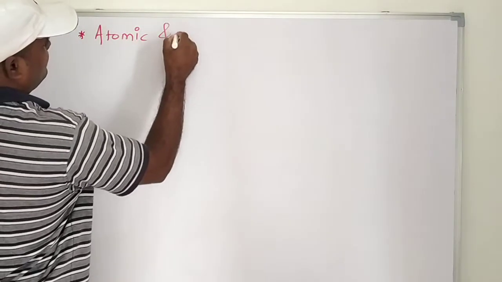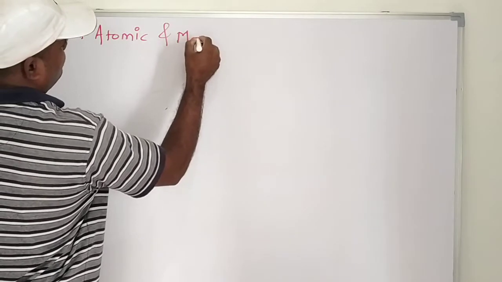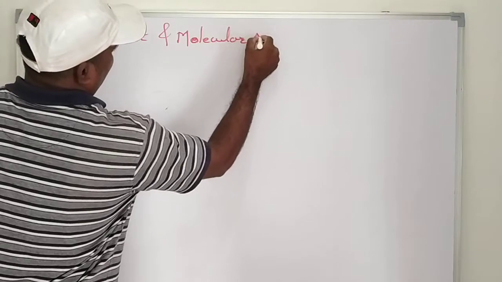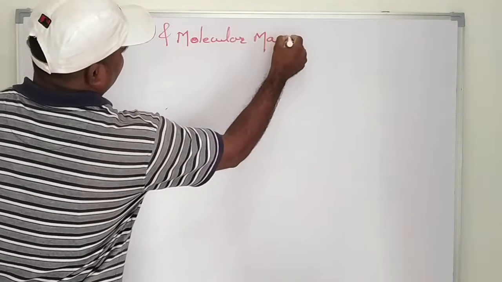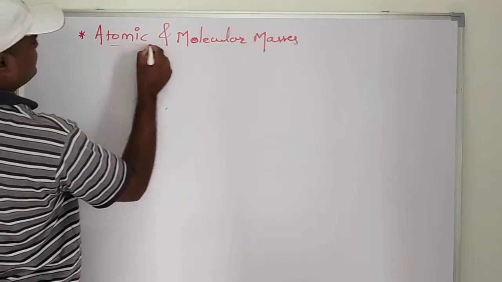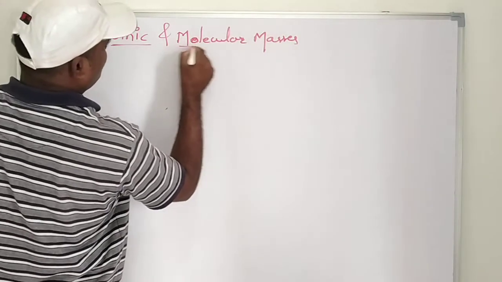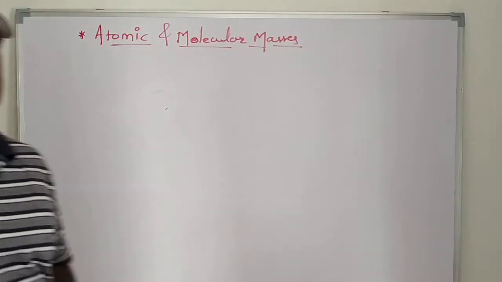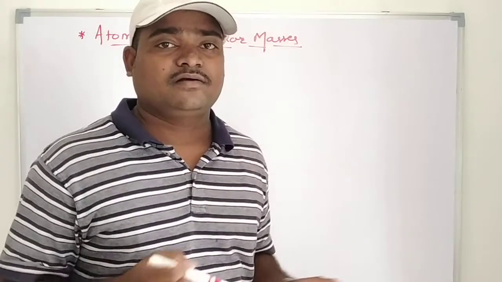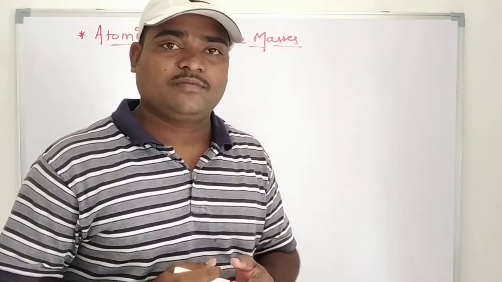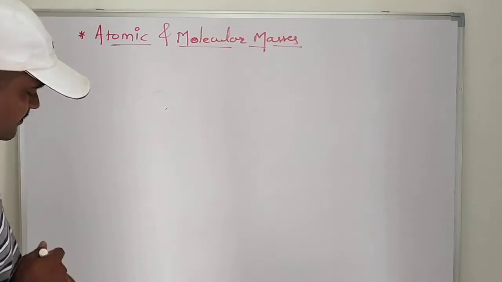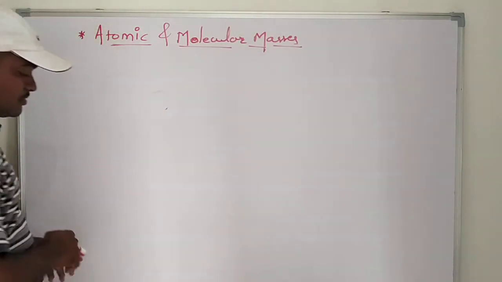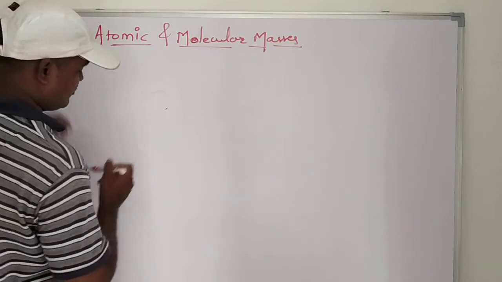Atomic and molecular masses. Now students, first of all you should know about what is meant by an atom. Then we can say that you can calculate the atomic mass. You know about the terms atoms and molecules.